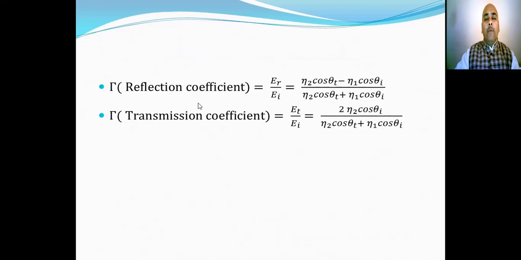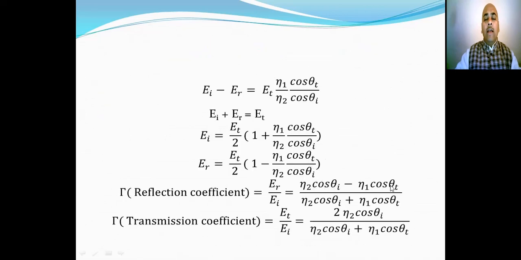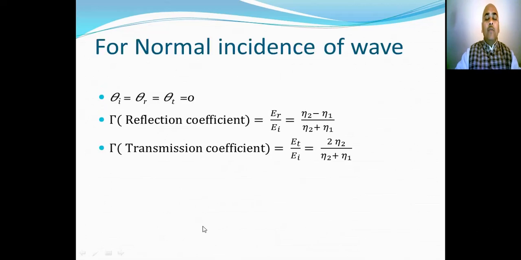So by putting theta_i, theta_t, theta_r equal to 0 degrees, we can obtain the reflection coefficient and transmission coefficient for normal incidence of the wave at the boundary of two mediums.